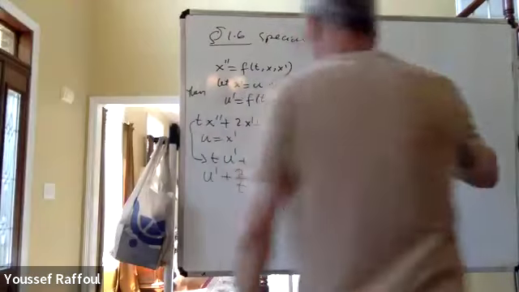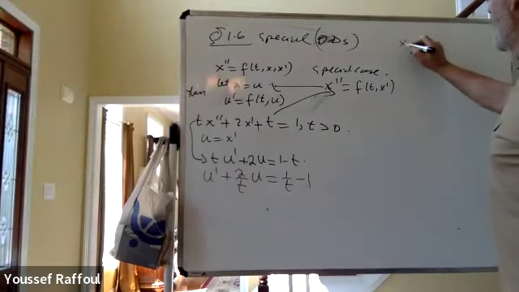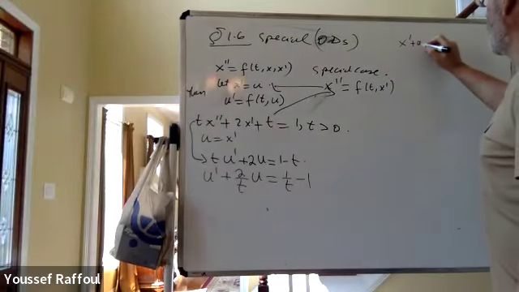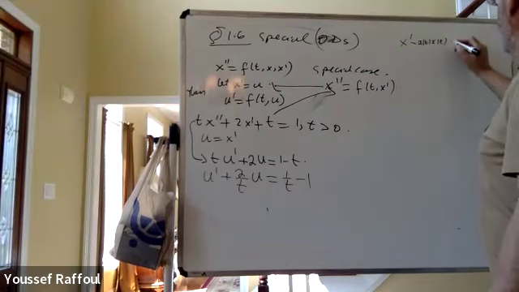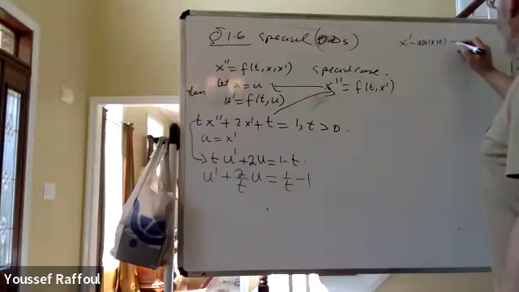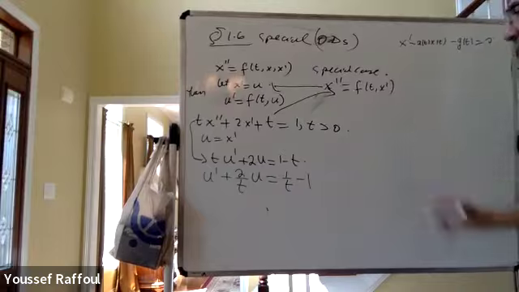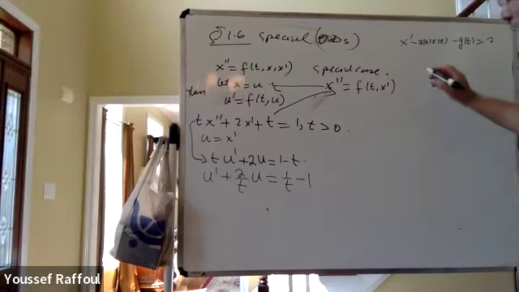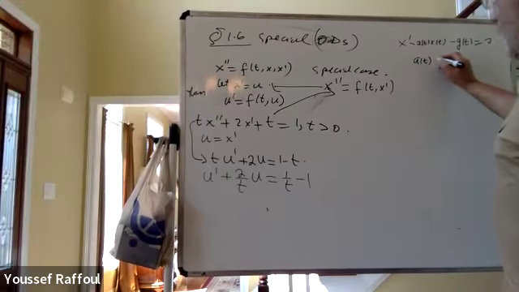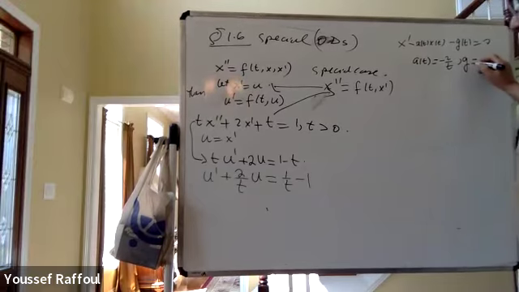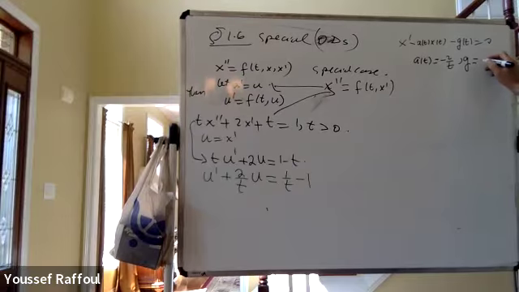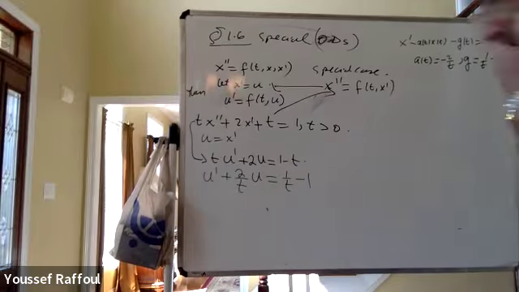So basically, as you can see, this is of the form x prime plus a of t x minus g of t equals 0. Here a of t is 2 over t, and g is 1 over t minus 1.